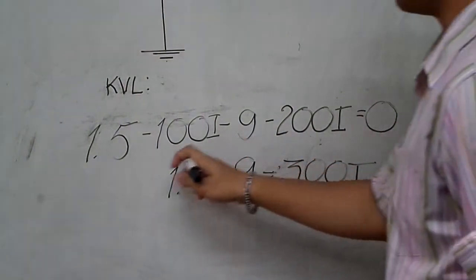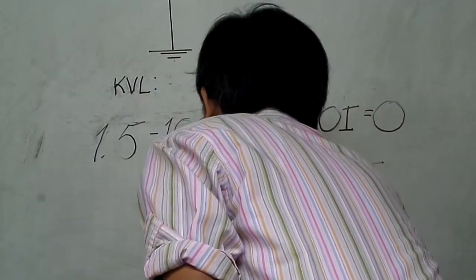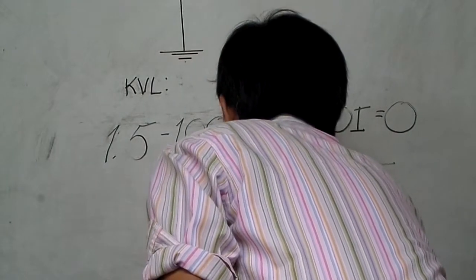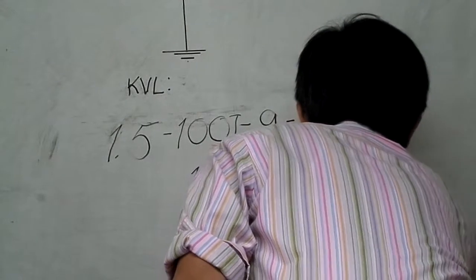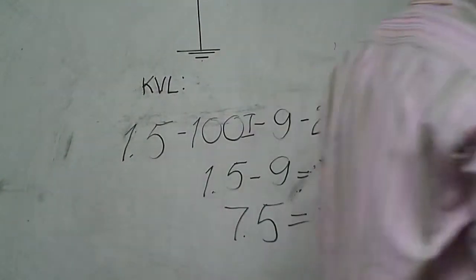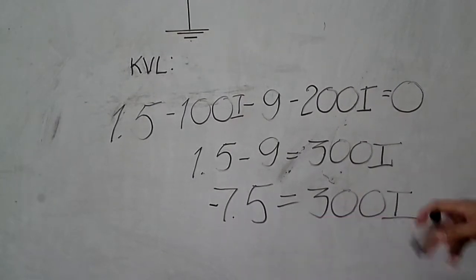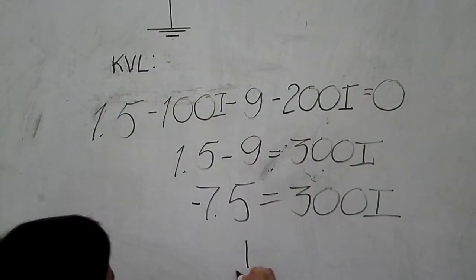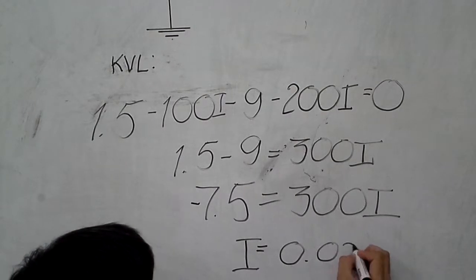For this, solve it. 1.5 minus 9 is equivalent to the 300 I. Now we can solve for the I. Then I will be equal to 0.025.